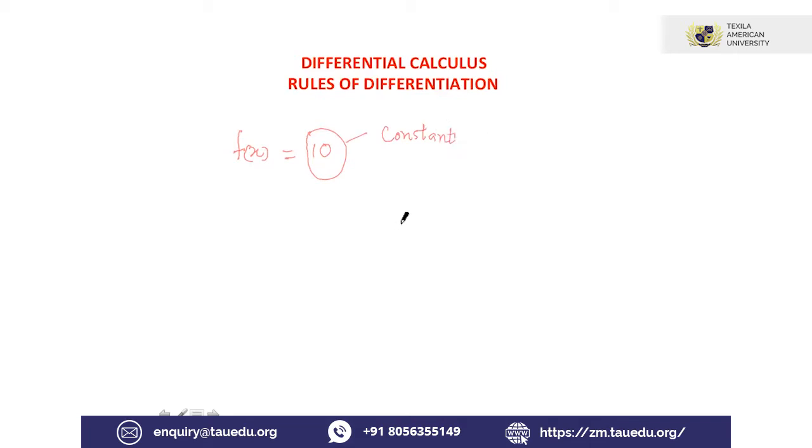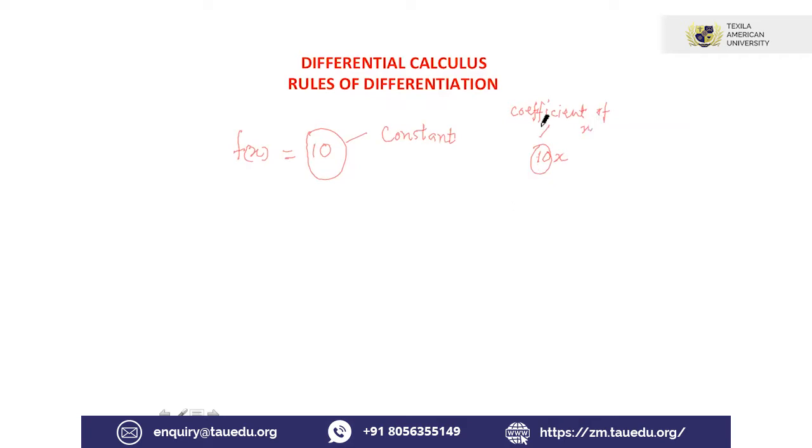Now, why do we refer to 10 as a constant? It does not have any relationship with an alphabet or a variable. For example, if I have 10x, then 10 is no longer a constant. It is now a coefficient of x.